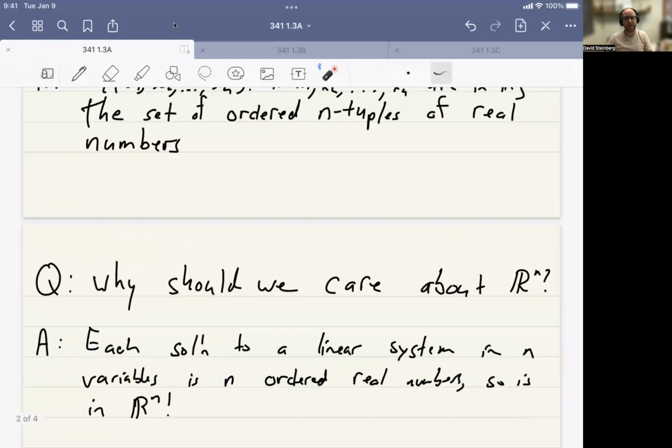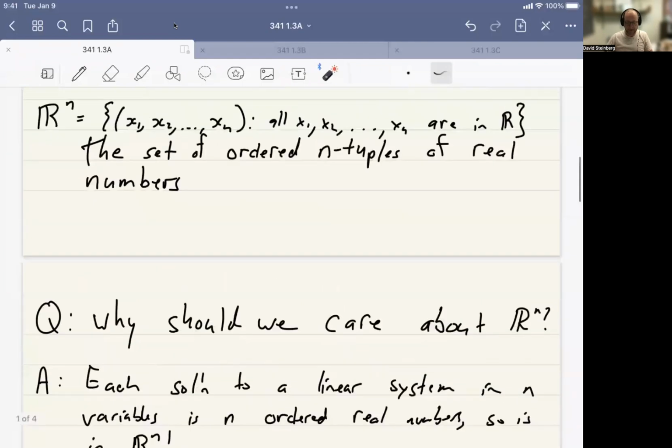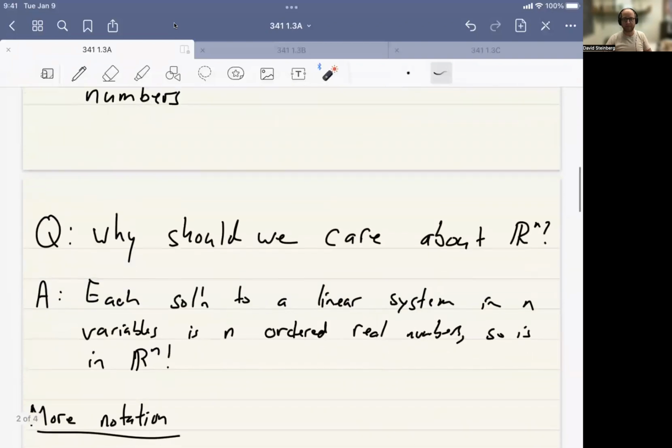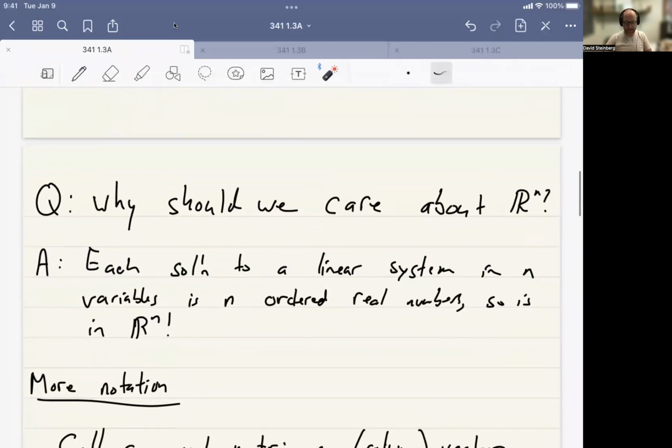And then maybe the first question that should come to mind is, why should we care about this many things, right? The world we live in is maybe 3-dimensional, 4 if you count time. Why do we care about n dimensions? That's a good question if we're talking about physical things. But we're mostly not. We're mostly talking about algebraic things. And in algebra we really do want to have n things floating around. In particular, each solution to a linear system in n variables is going to give us n ordered real numbers: the value of x1, the value of x2, the value of x3, all the way down to the value of xn.